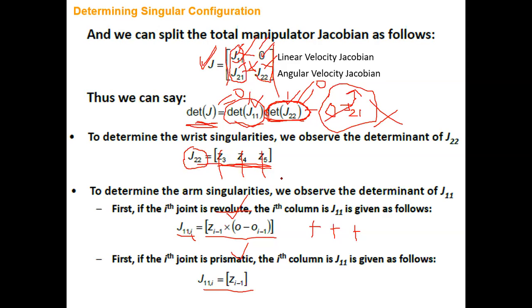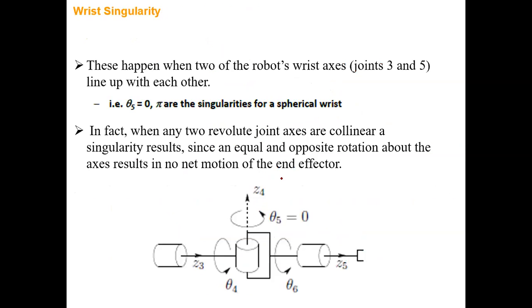Then find the determinant of that 3 by 3 matrix and set it to 0. Then from there you can find the condition for singularity. But the thing is, how do you find Z3, Z4, and Z5 for this configuration?